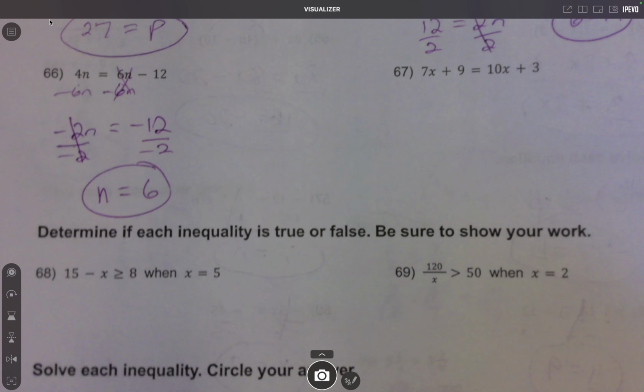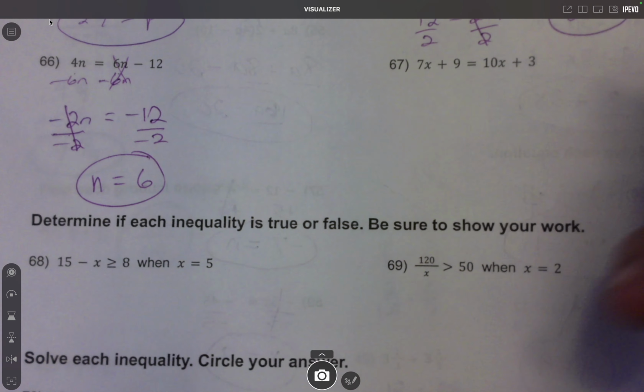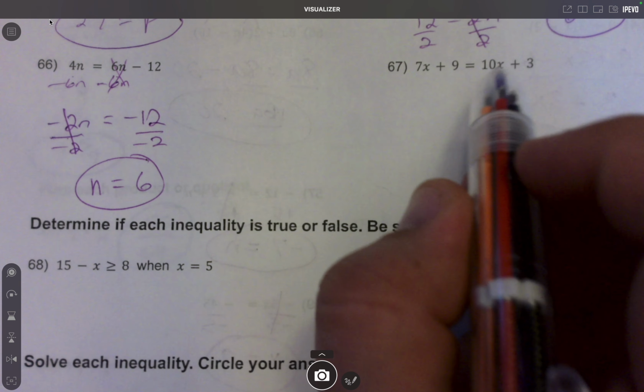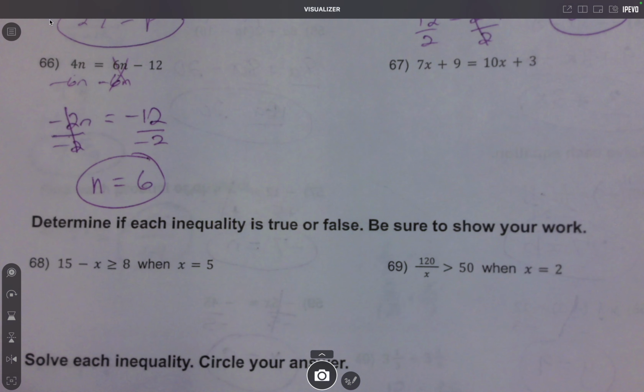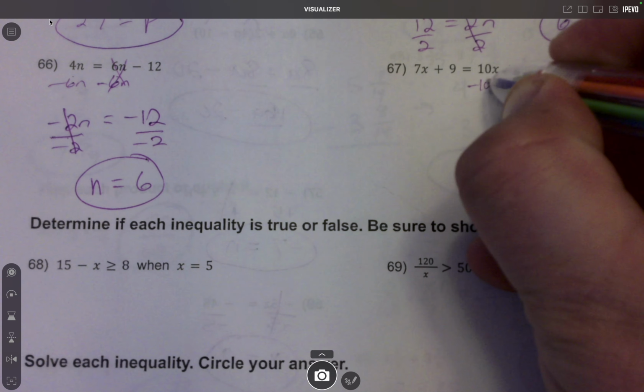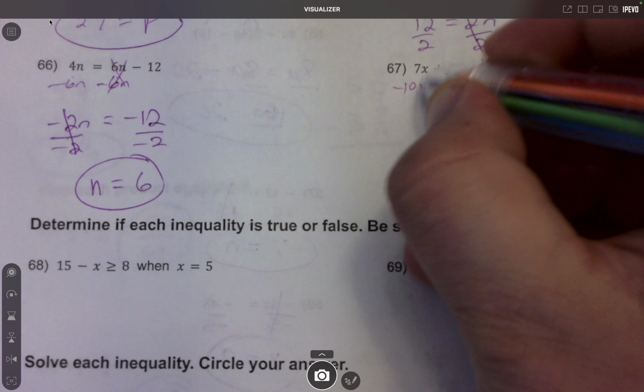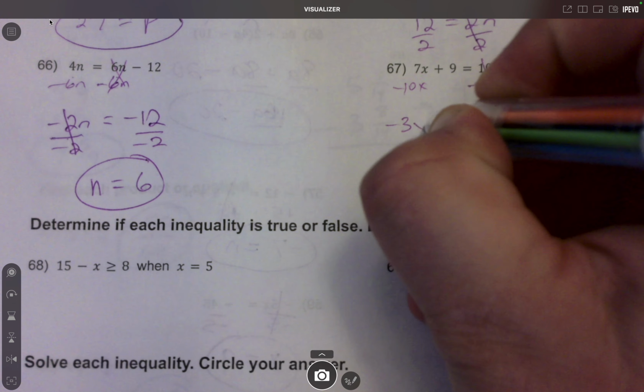Okay, on 67, just so you know it works either way. Honestly, I would move the 7x over there most of the time because that gives it a positive 3x, but just so you see it really does work either way, I'll subtract 10x from both sides. 7 minus 10 is negative 3x.